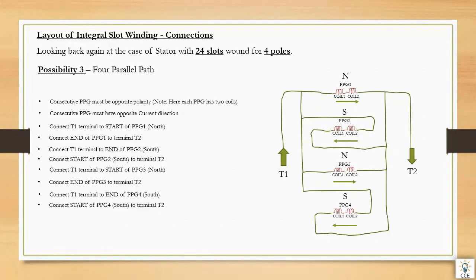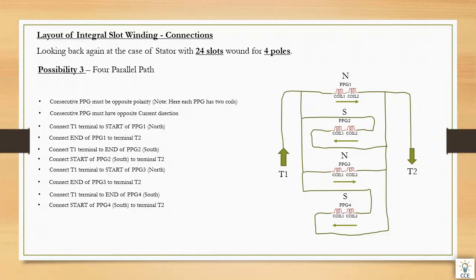You may be asking why, or how, do we need to choose the number of parallel paths. That is again a topic of discussion while we are doing a machine design course. There, if you have a high amount of current that is flowing through or that is required by the machine, in those cases we may have to increase the number of parallel paths.